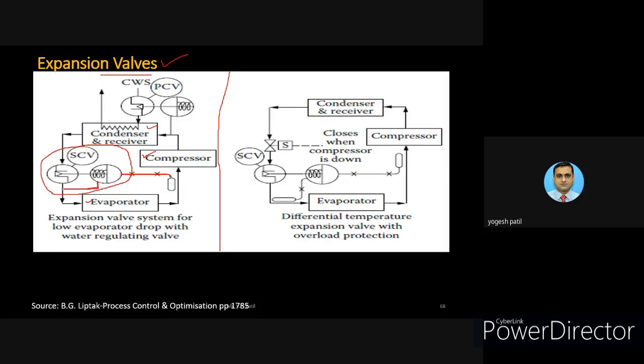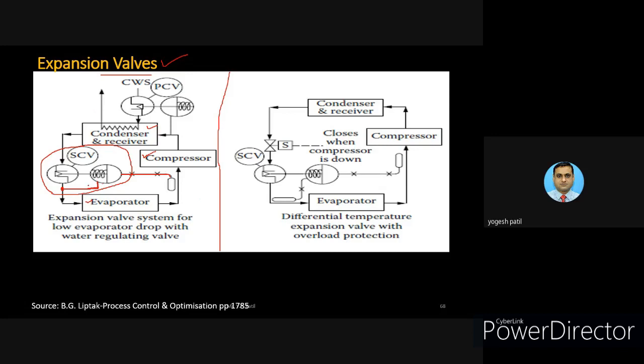So two types of connection you can see, and this is connected after the valve inlet and outlet, and I may say that this measures the temperature of the refrigerant that enters the evaporator after converting into liquid form.